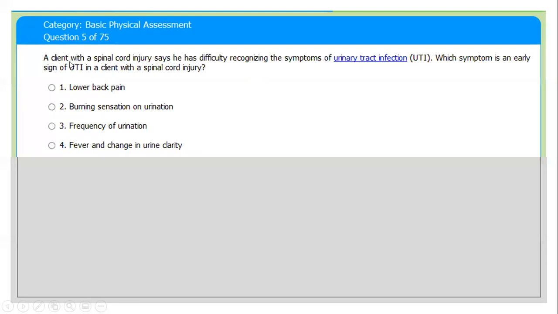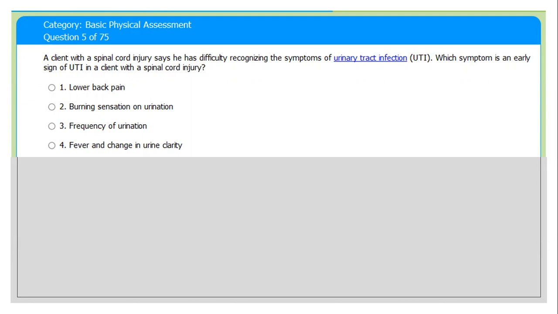Next question. A client with a spinal cord injury has difficulty recognizing the symptoms of urinary tract infection. So which symptom is an early sign of UTI in a client with a spinal cord injury? A urinary tract infection is an infection in any part of the urinary system, maybe the kidney, ureter, bladder, or urethra.